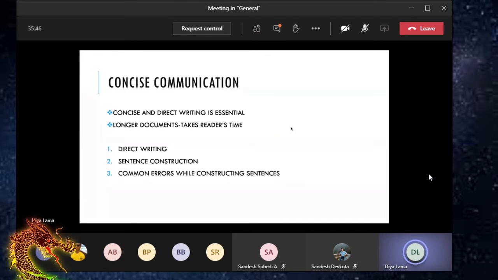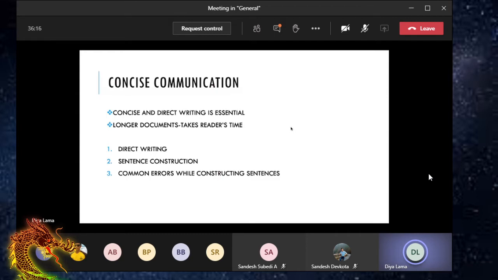So concise means short. It can't be long. Technical writings have to be short and sweet because your audience, they don't have a lot of time to read long documents. Suppose, for example, you're writing a manual for something, and the manual can't be like a report.